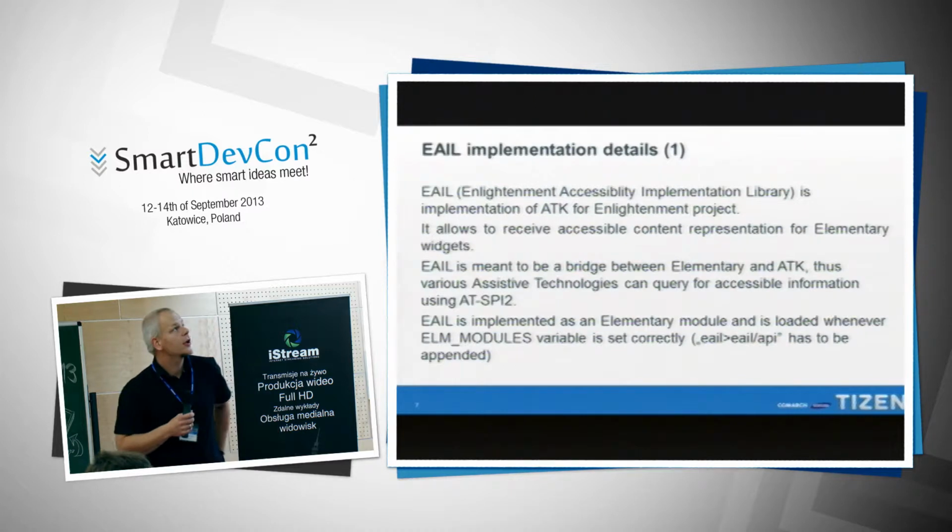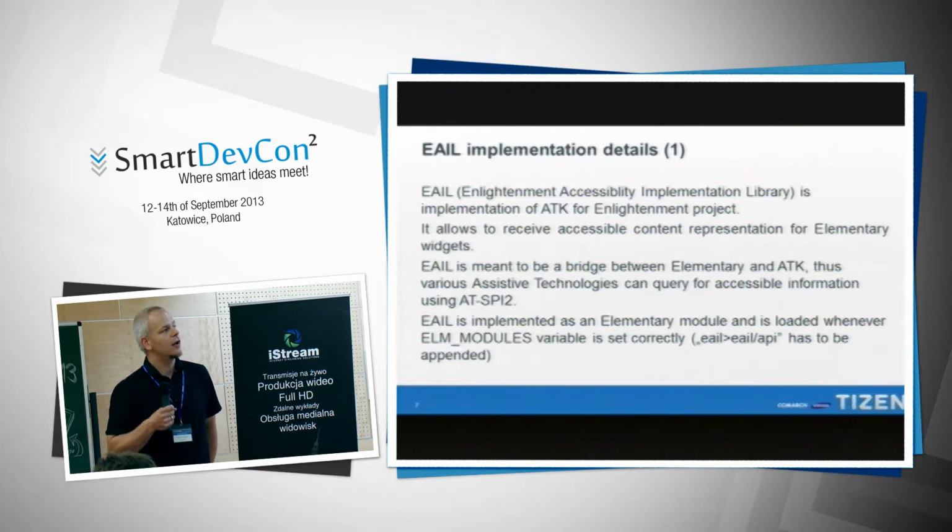Some few words about the library. EAIL is the short name of the Enlightenment Accessibility Implementation Library. It's implemented just for Elementary widgets, and it's a bridge between Elementary and ATK. So, as I said, assistive technology applications like a screen reader, for example, can query the accessible information and make use of this information.